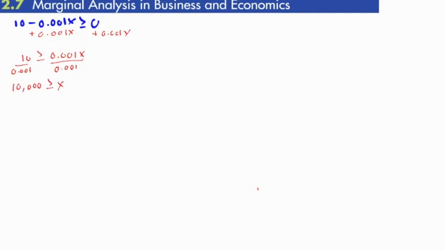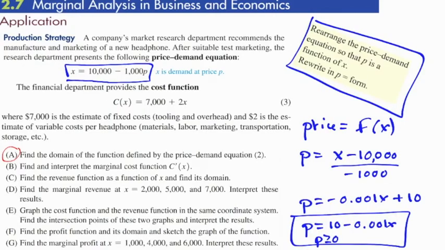And this tells us that x, which is the production level, is going to be between 0 and 10,000. Because you would not be producing negative headphones. That doesn't even make sense. So that takes care of part A.